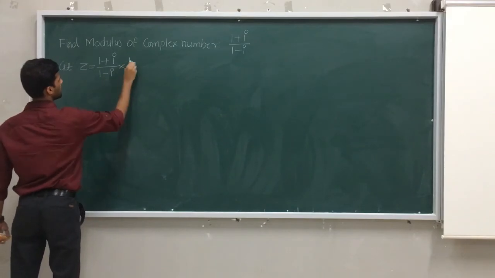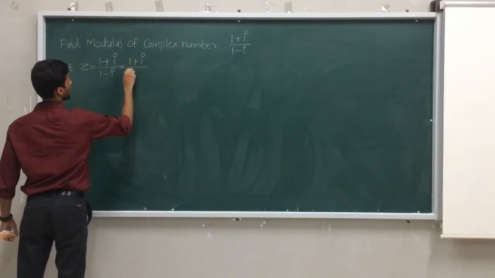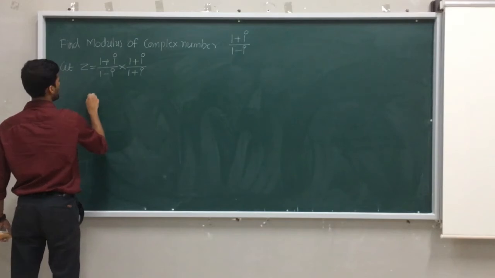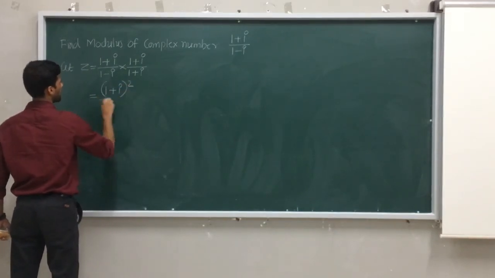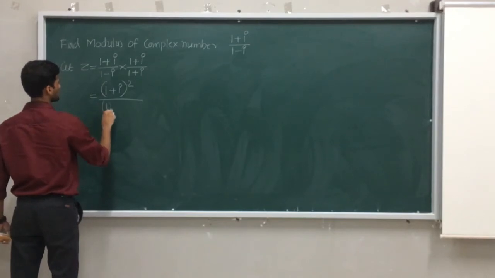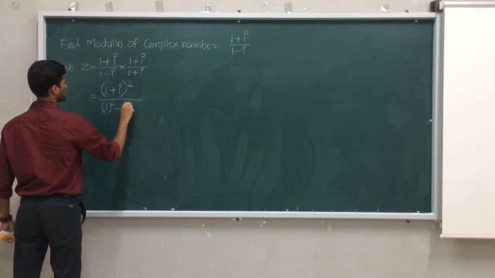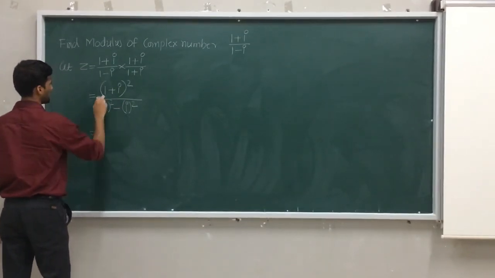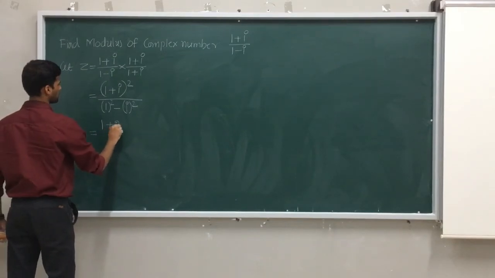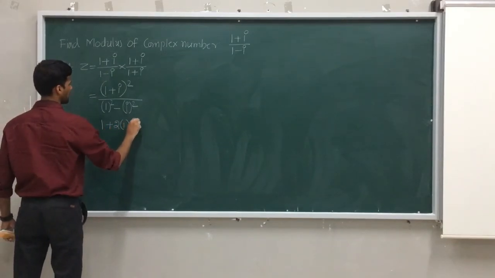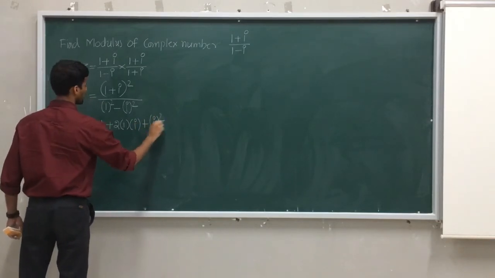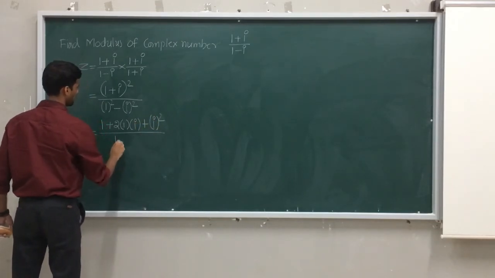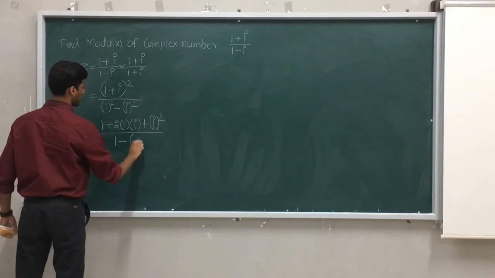It is 1 plus i divided by 1 plus i, which is nothing but (1 plus i) the whole square, divided by a minus b times a plus b, 1 square minus i square. Numerator is a square plus 2ab plus b square, divided by 1 minus i square, which is minus 1.